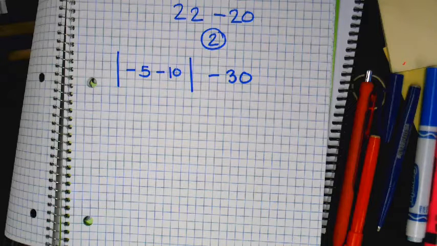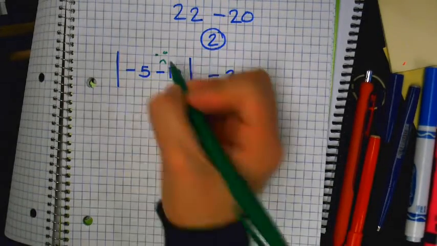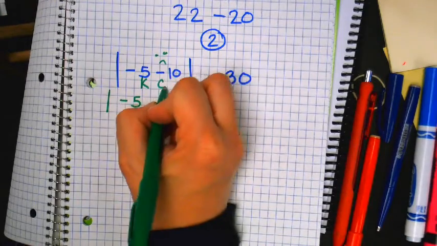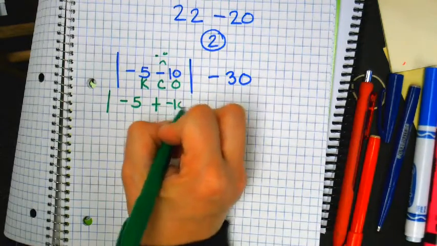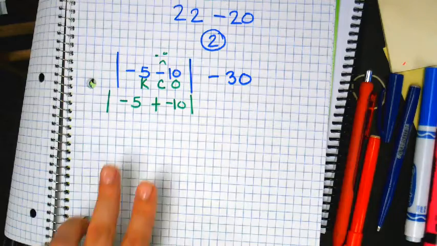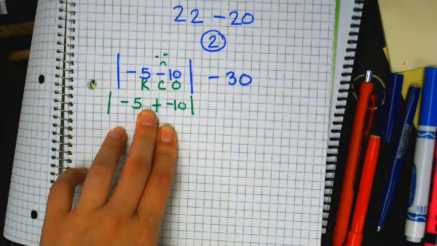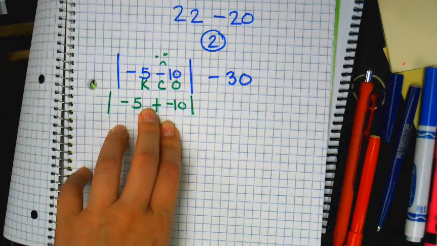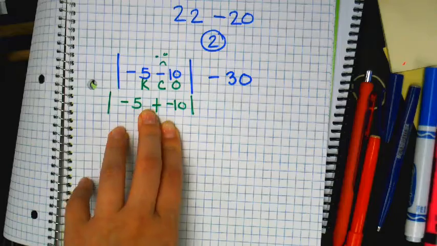Negative 5 plus negative 10. Keep, change, opposite. This was 2 weeks ago with Miss Chavez, right? So what you've been learning, we're still going to be using. If you're having a hard time with keep, change, opposite, that's when you've got to get yourself into tutoring, because it's not going to go away.